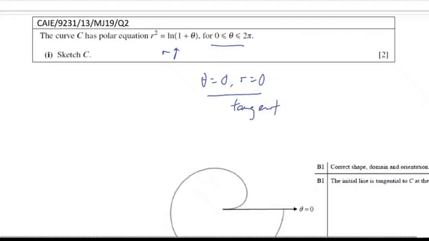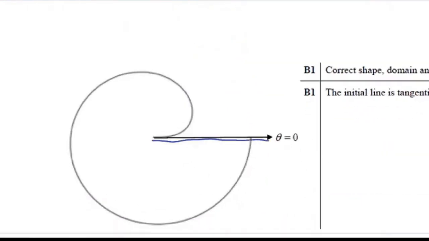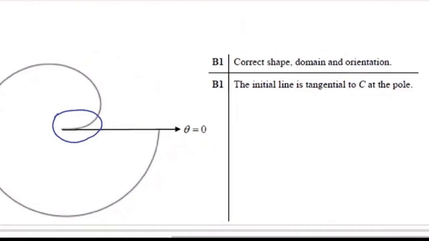When the tangent is happening, it means that we have the line theta equals 0 here. So you can see this is not the asymptotic, this is the tangential approach there. You can see the second mark here is a specific mark that they really want to see, the tangent property.